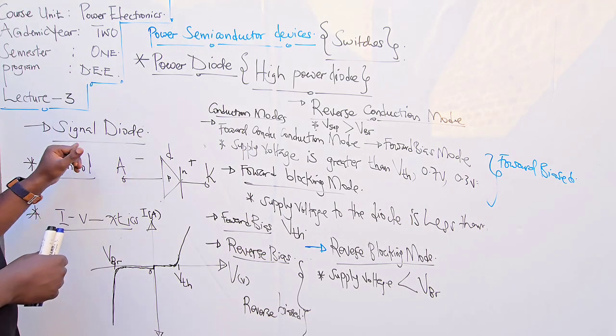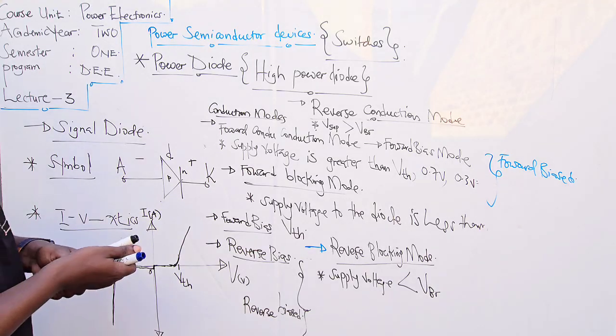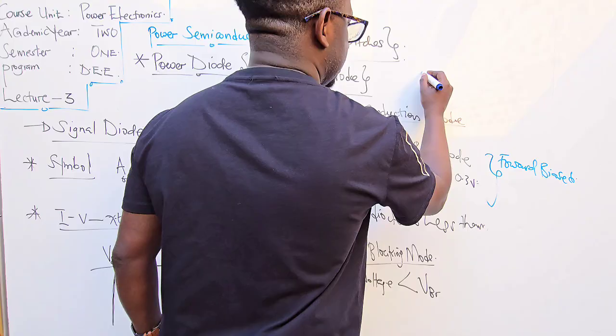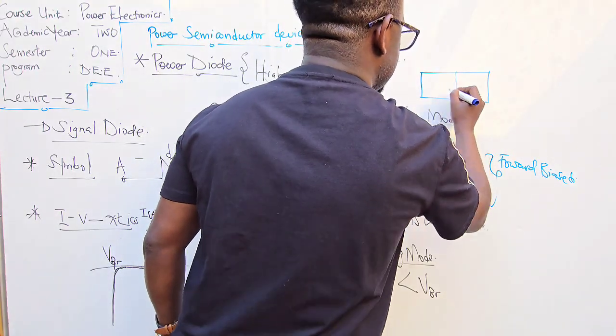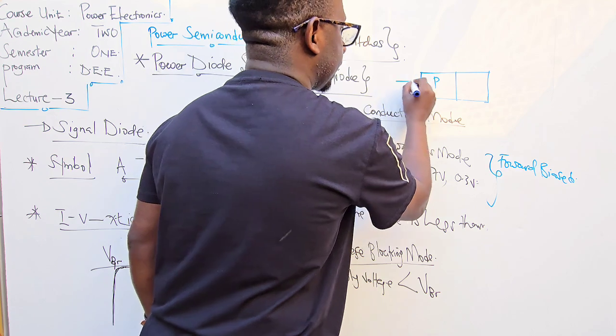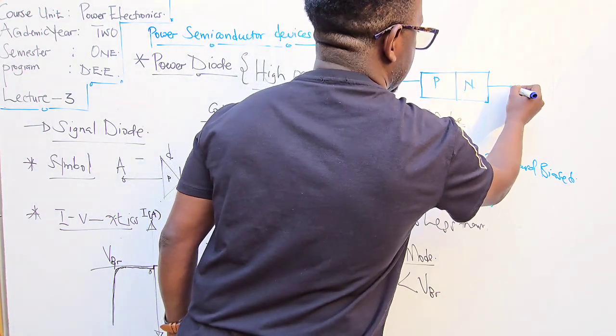So that is the signal diode we covered without going into too many details. Let me just throw in a little bit around the general construction of a signal diode. It has what we call the P region and the N region.